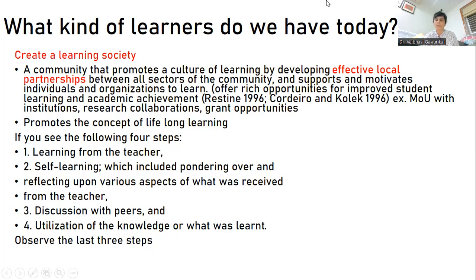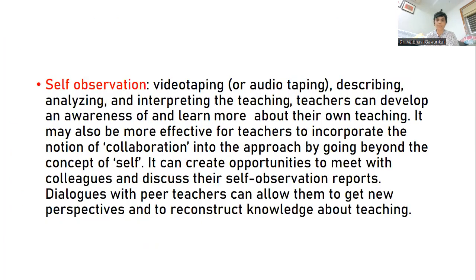We have discussed two aspects today. The first is ways to develop teacher autonomy: do action research, do self-observations, map your goals, use critical thinking skills, and that's how you will be able to develop teacher autonomy.